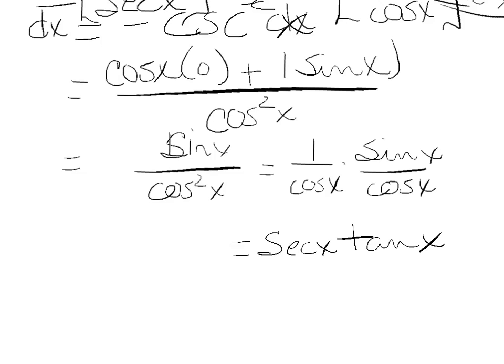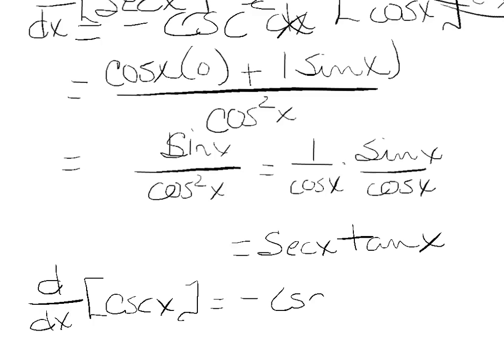So knowing what we did with the secant and what we did with the tangent and then the cotangent, what do you think the derivative of the cosecant might be? Any guesses? Okay, negative cosecant x, cotangent x.